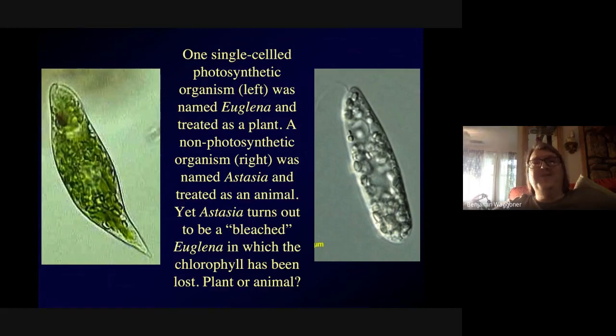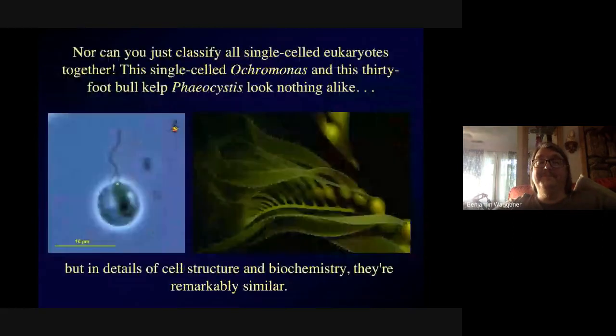So do we have one species or two? And do we have a plant or an animal? And the answer is that a lot of life goes beyond that plant-animal dichotomy, that it's not really correct to put euglena into either. A common thing to do has been to kind of put all single-celled eukaryotes into this group called the Protista.